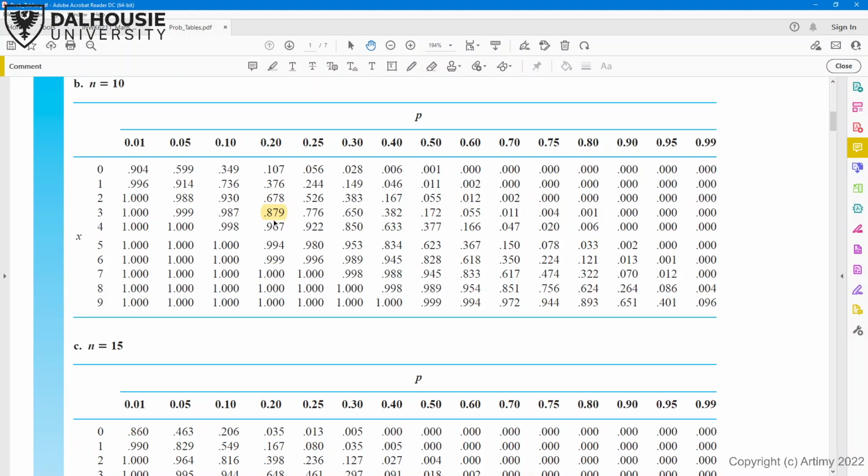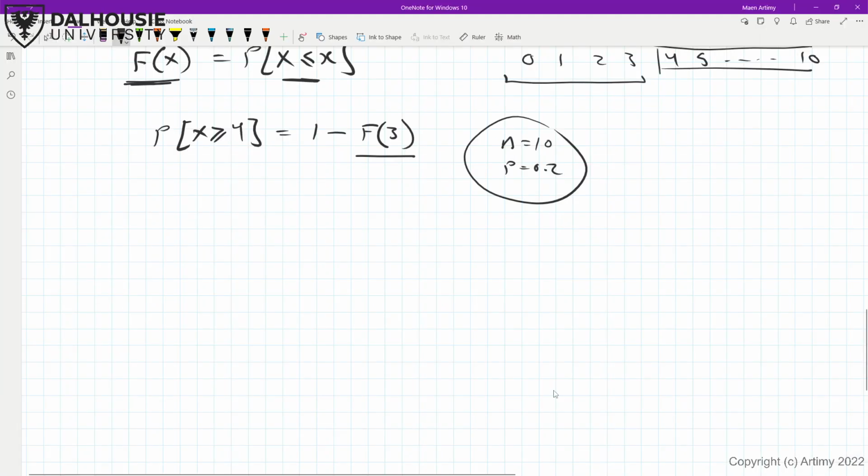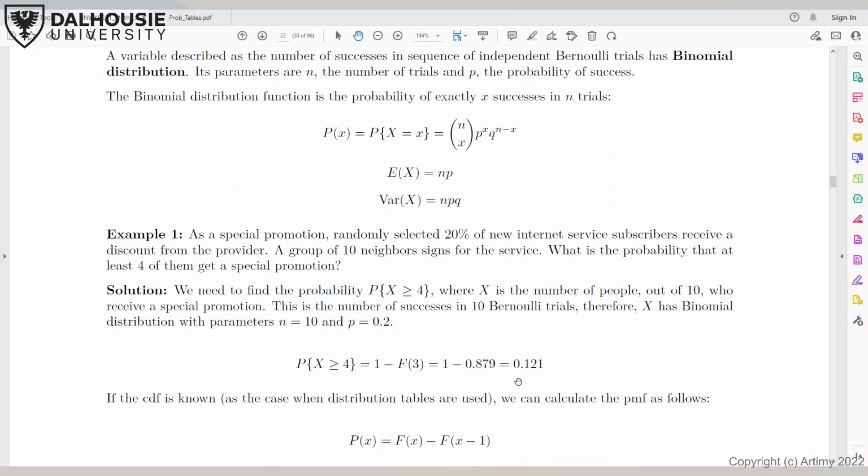So the result is 0.879. I'll plug 0.879 here, 1 minus, so I'll get the result, which is in your notes as 0.121.